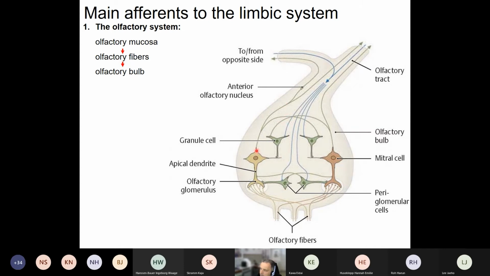And then after a couple of synapses, the primary olfactory information is perceived by these cells, and they will start the olfactory tract. Now, the olfactory tract also has nuclei, and there is a so-called anterior olfactory nucleus from where the information is also crossing the midline, and it goes to the opposite side.